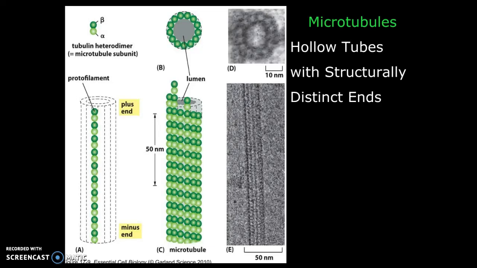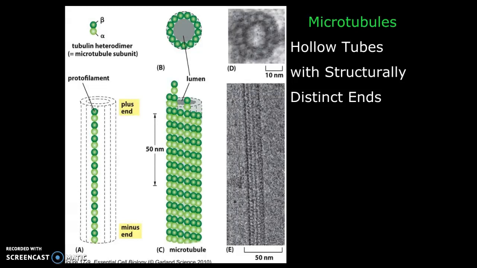And so we started investigating the microtubules, and what we found was that they were a complex of proteins. So there's the tubulin dimers, the alpha and beta tubulin, that create a heterodimer, and that is the subunit that makes up the protofilaments.